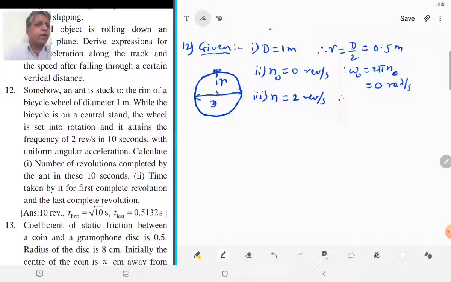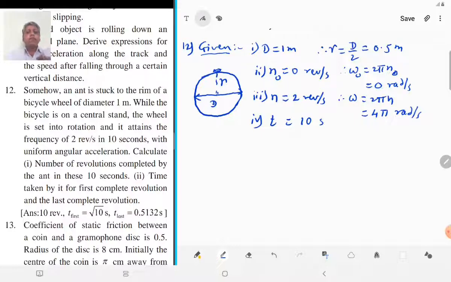Therefore, final angular velocity omega is equal to 2 pi n, that is equal to 2 pi into 2, that is equal to 4 pi radian per second. And the time for the number of revolutions is equal to 10 seconds.